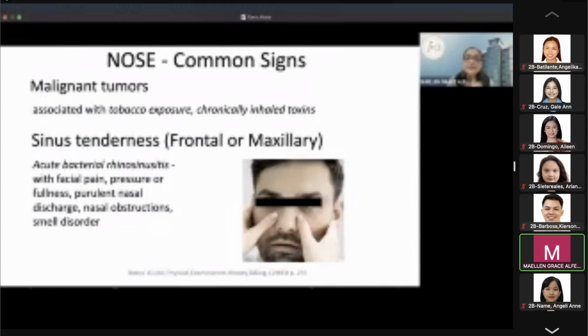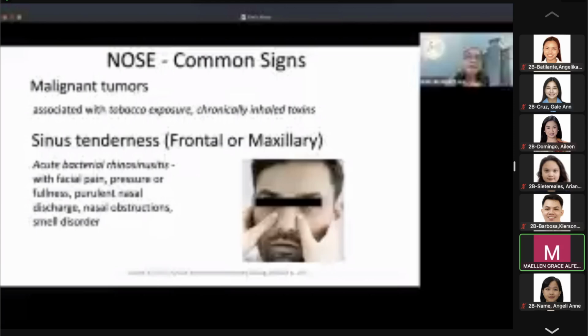So sinus tenderness, if present, usually is seen in acute bacterial rhinosinusitis. And the usual accompanying symptoms would be facial pain, pressure, or fullness. Now, purulent nasal discharge can also be present, as well as nasal obstruction and smell disorder.